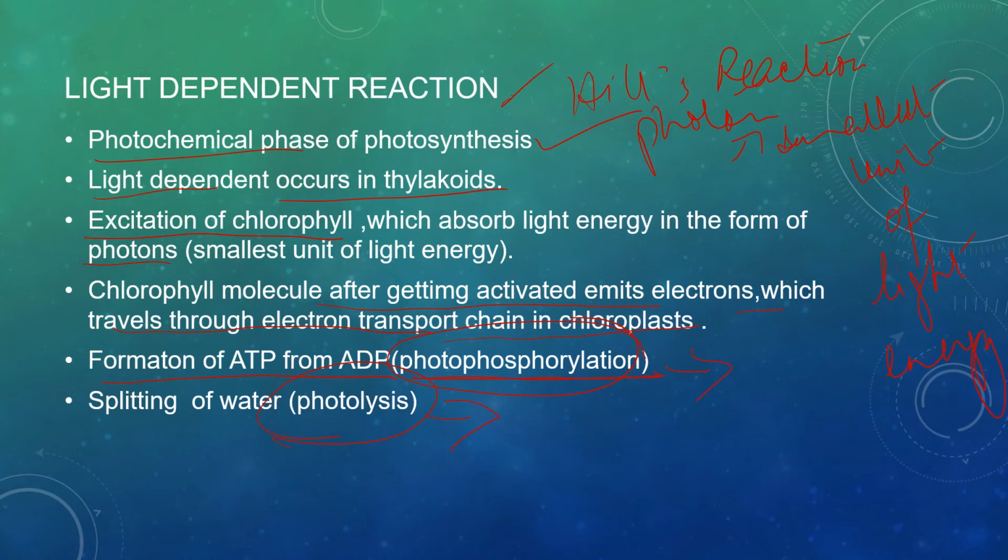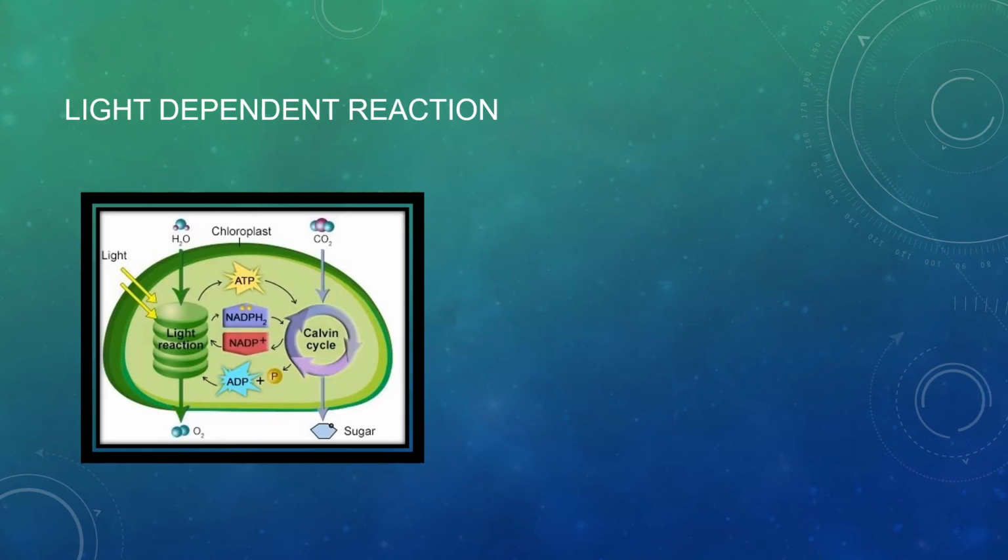Let us see what is happening in this light-dependent reaction. We have said previously that step 1 is mediated by the electron acceptors. Now we can see the adenosine triphosphate here, which is synthesized from ADP. This ADP and inorganic phosphate combine.